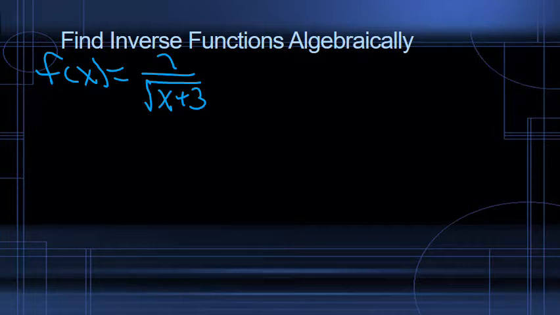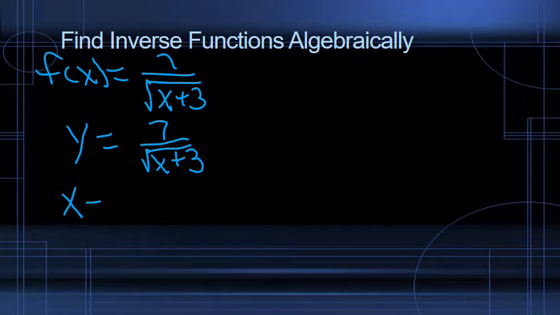But let's move forward. First off, we're going to replace f of x with y. So y equals 7 over the square root of x plus 3. Now let's swap out our x and y. So now we got x equals 7 over the square root of y plus 3. Okay, so what do we do?